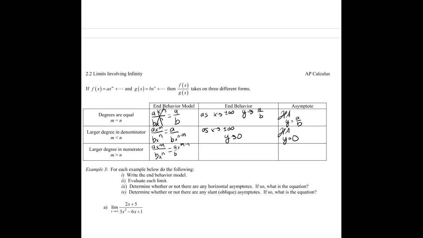Or you can just write it right beside it. I don't really mind. But this time, if the numerator is bigger, that means I'm going to end up with more x's in the numerator anyway. So I'm just going to go ahead and extend that over so we don't have to keep writing it.